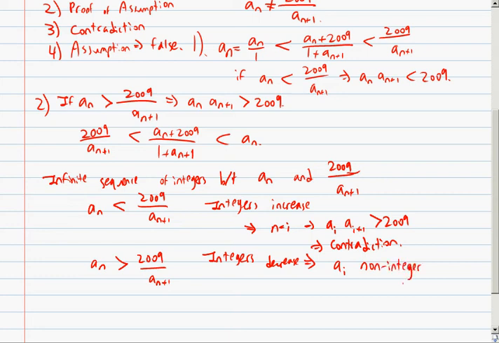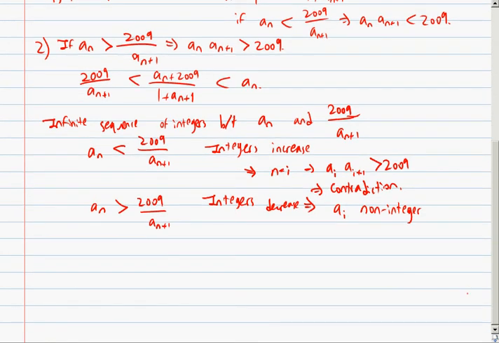Because if you have an infinite sequence of integers that keep on decreasing, eventually you'll get to some point where one of the terms would start becoming a fraction. So that contradicts the fact that the entire sequence a sub n must be integers. So the second case also leads to a contradiction.